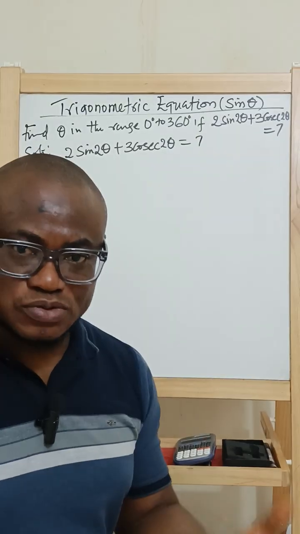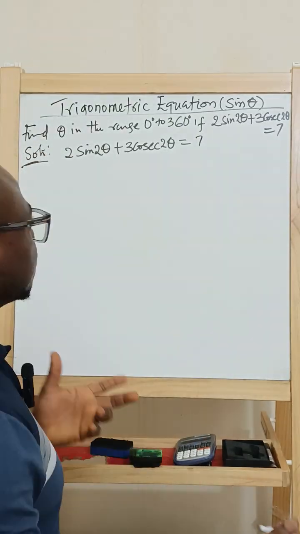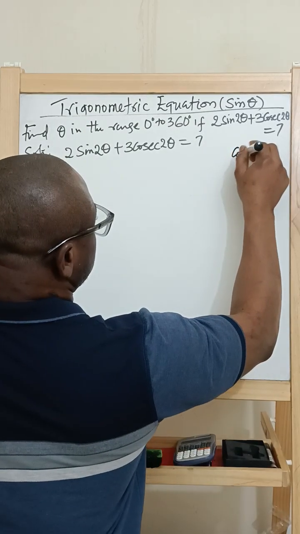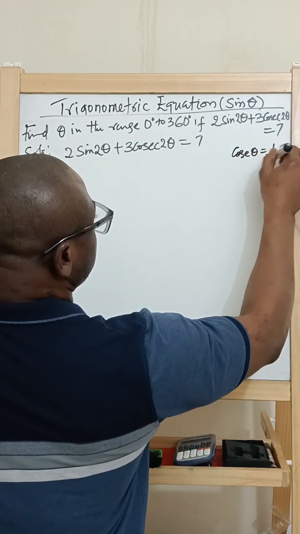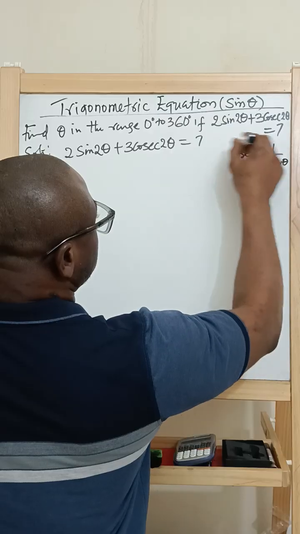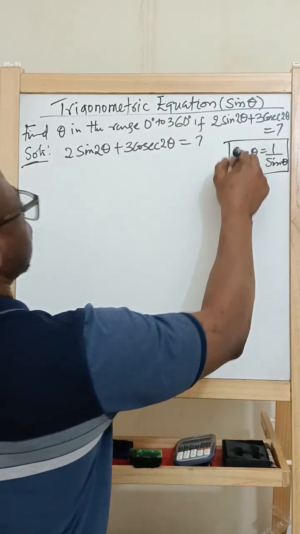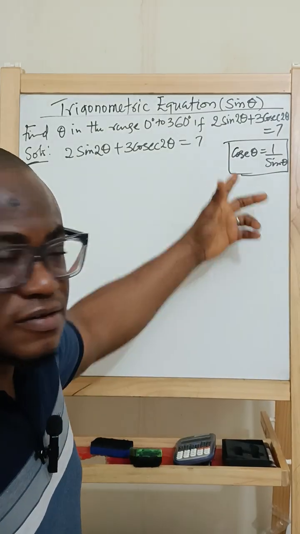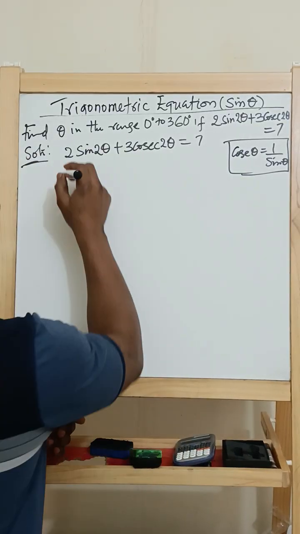But what is cosec theta? We know cosec theta is 1 all over sine theta. With this identity, we can substitute it here.